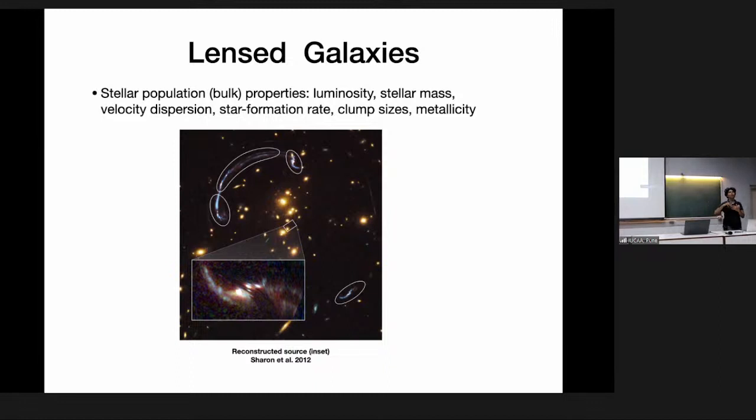So we're looking at how these galaxies were forming at very early stages and comparing that with galaxies seen late in the universe.